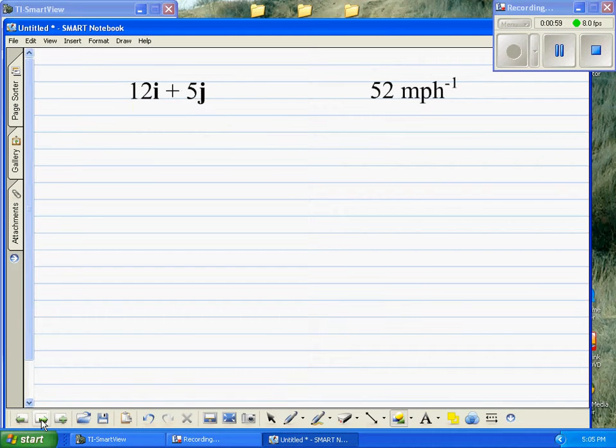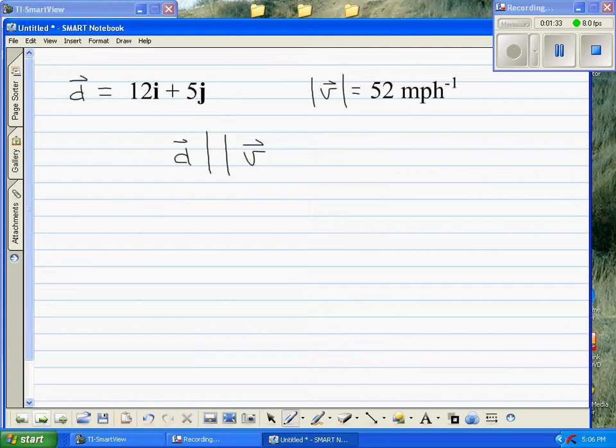The given information was that the directional vector is 12i plus 5j. So I'm just going to call that d for directional vector. Now it says the speed is 52 miles an hour. If you recall, the speed is the magnitude of your velocity. Now, according to a couple of problems we had, the directional vector is parallel to the velocity vector.